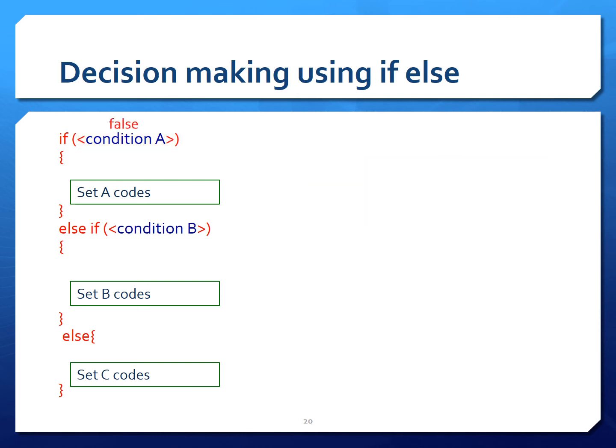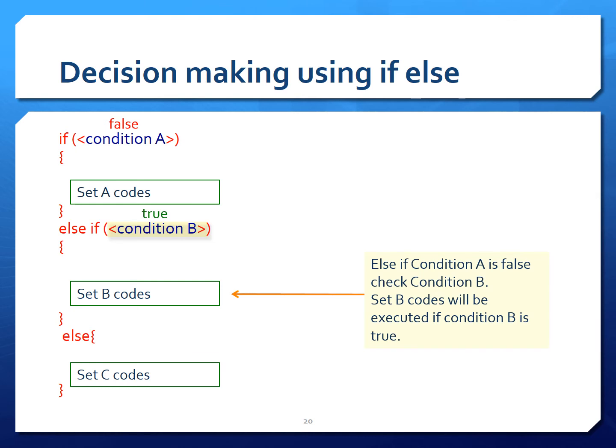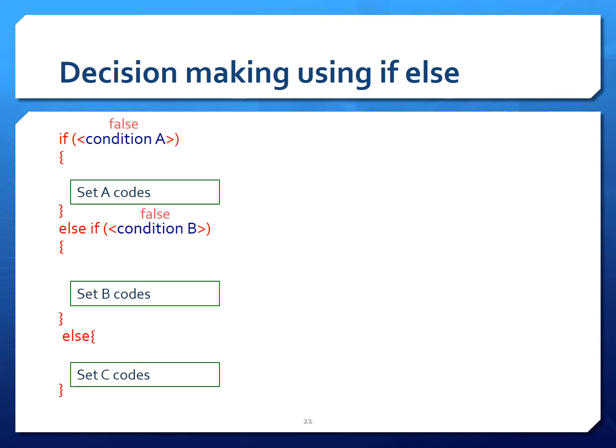If condition A is false, check condition B. If condition B is true, set B codes will be executed. If both condition A and B are false, set C codes will be executed.